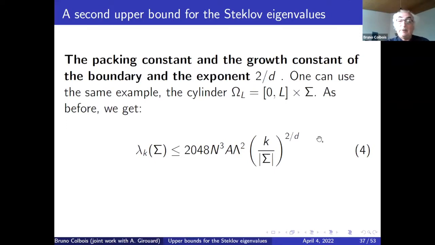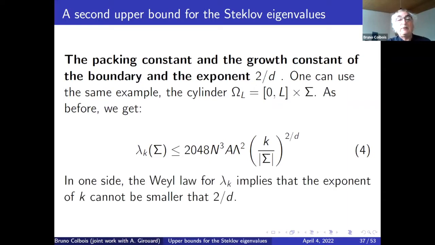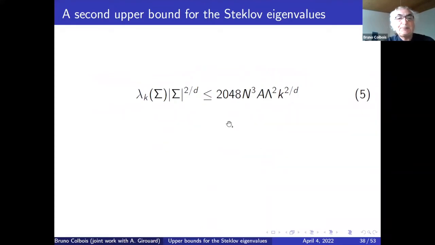And the same example, I can rewrite it in another way. If I rewrite the example like this, this is the normalized eigenvalue for the Laplacian. You have just to take k equal to 1. This is less than a constant. The distortion is 1.